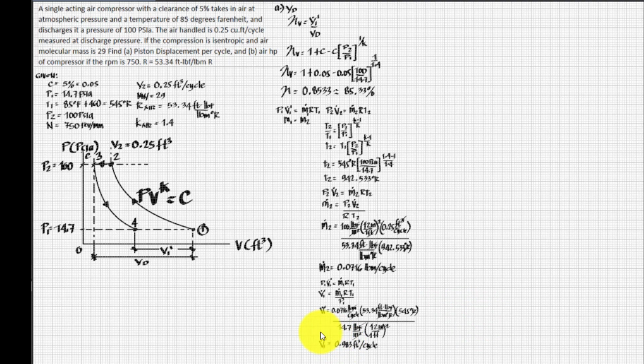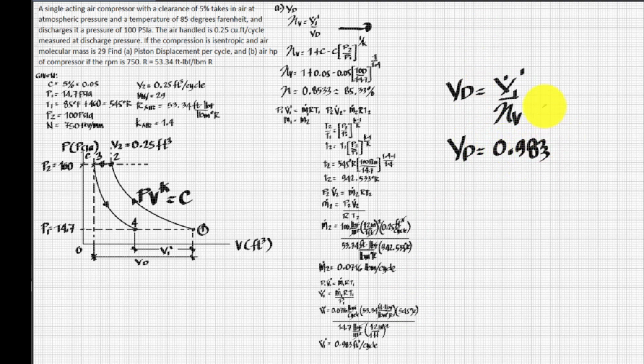So, meron na tayong B sub 1 prime, and we have already the volumetric efficiency. We may be able now to use this equation to get the volume displaced. Okay, so for the volume displaced, we can rewrite our equation from there. That will be B1 prime divided by volumetric efficiency, and where my volume displaced will be the value of B1 prime, so ito yan is 0.983.